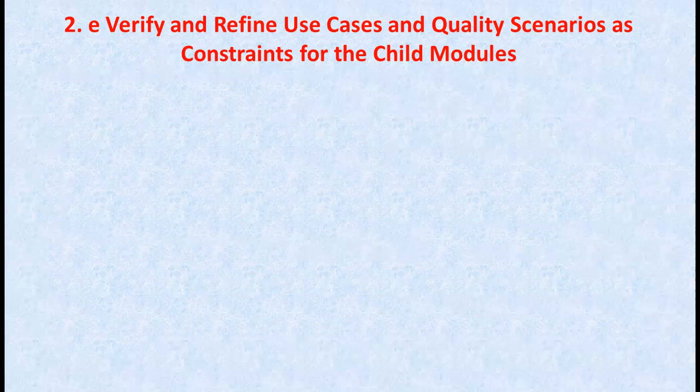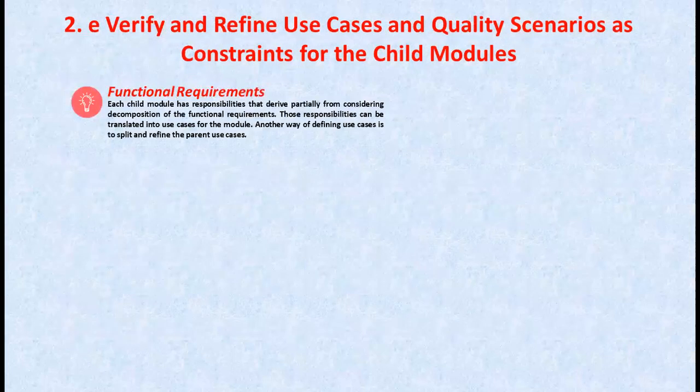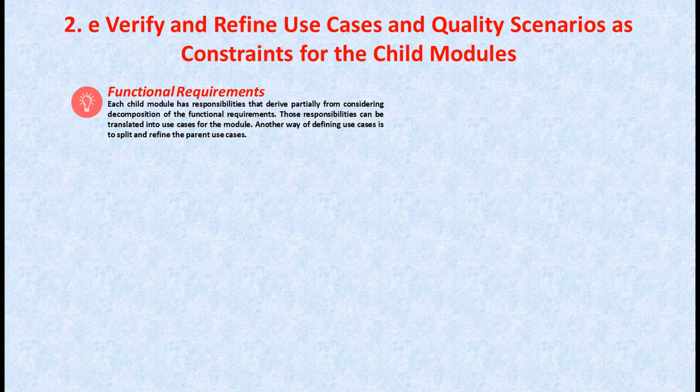The first one is functional requirements. Each child module has a responsibility that derives partially from the decomposition of functional requirements. Those responsibilities can be translated into use cases for the module, and another way we define the use cases is to split and refine the parent use cases.